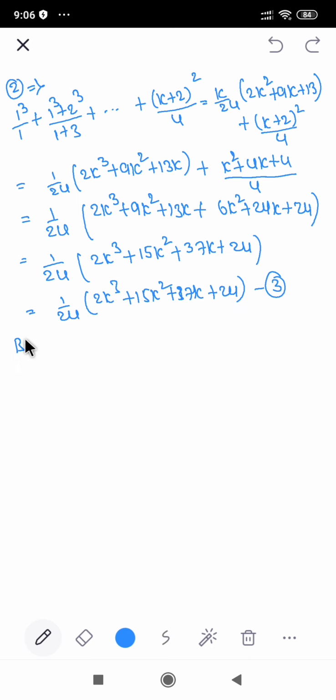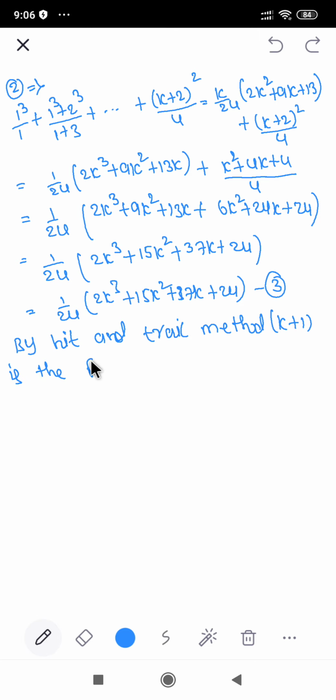By hit and trial method, k plus 1 is the factor. So now we are doing the hit and trial method. Here k plus 1 is equal to 0, then we can go for minus 1.